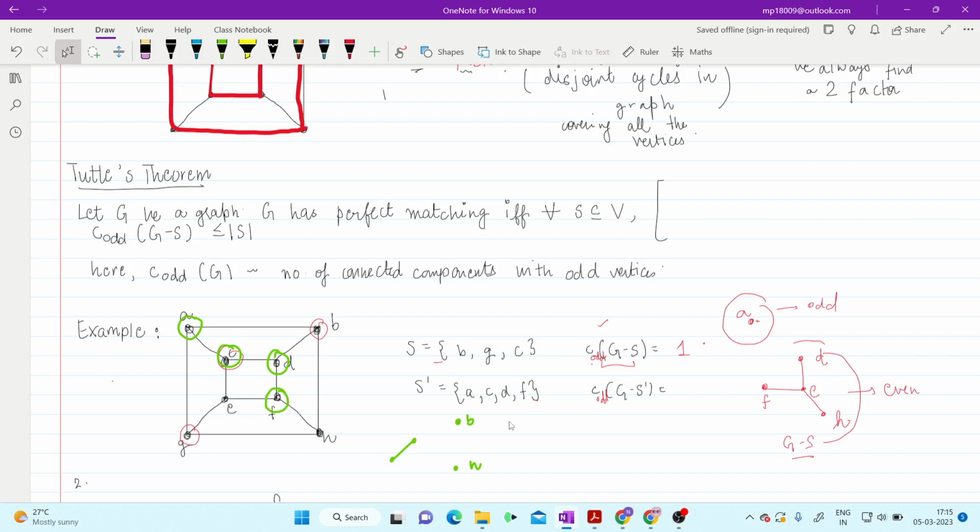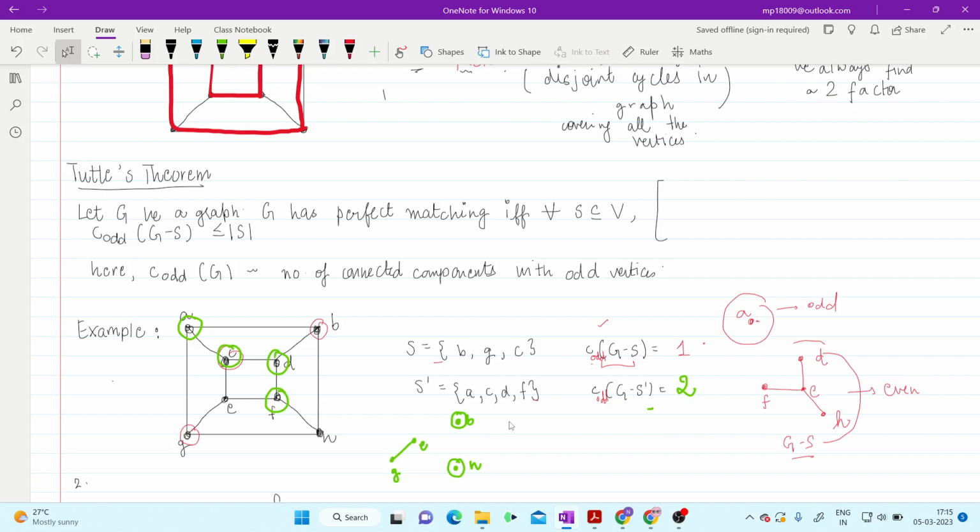Yes. So if we remove these four vertices, the graph that we are left with is this, and we see that this is an odd component and this is an odd component. So the number of odd components is 2. This is also a connected component, but it has 2 vertices, so this is the even component.